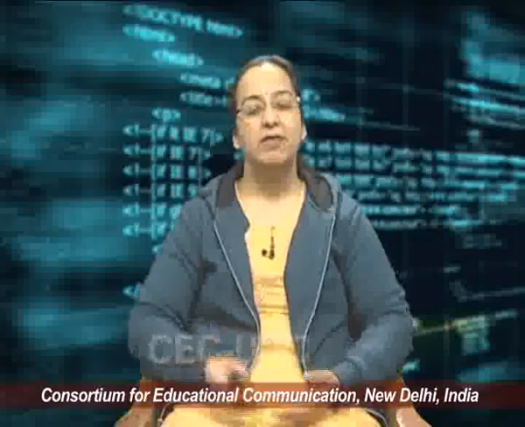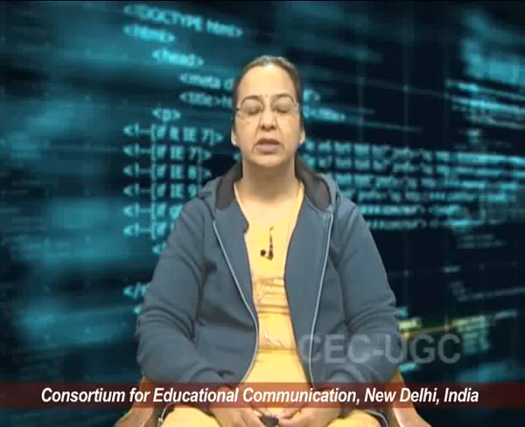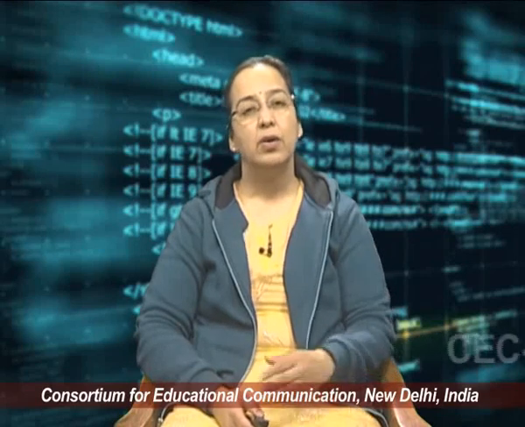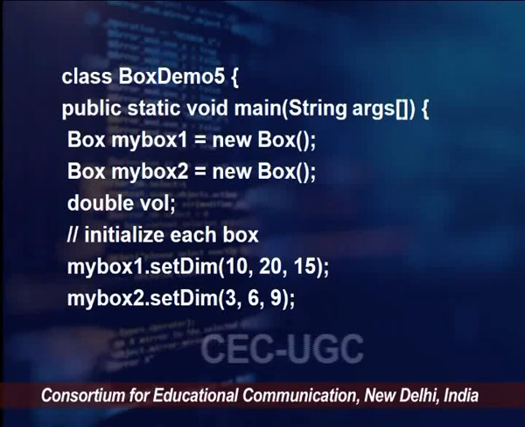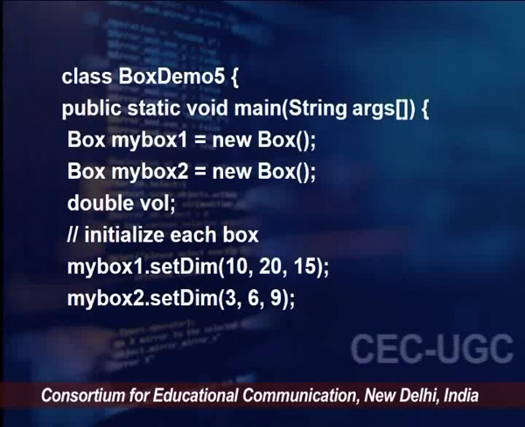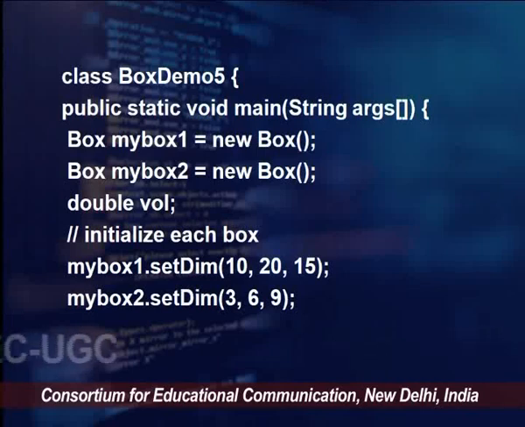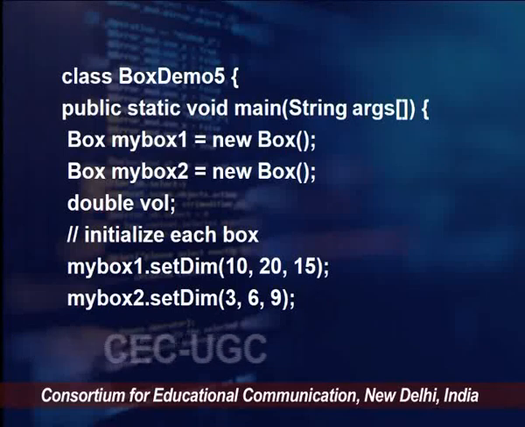So what will be the effect of mybox1.setDim(10, 20, 15)? Going back to setDim, the value of W will be 10, the value of the second parameter H will be 20, and the value of the third parameter D will be 15.